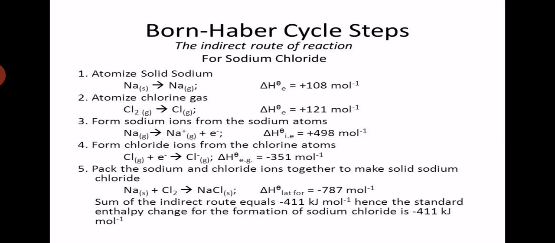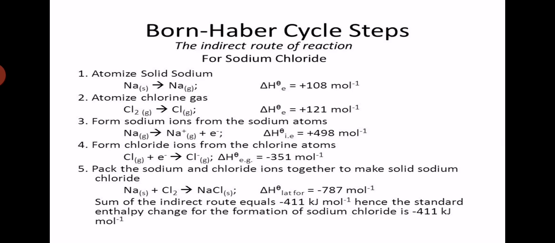After that we atomize solid sodium, Na in the solid state, giving Na in the gaseous phase. Here the change in enthalpy is plus 108 per mole. In the second stage, chlorine gas is atomized, Cl2 converting into Cl in the gaseous state. The change in enthalpy is plus 121 per mole.